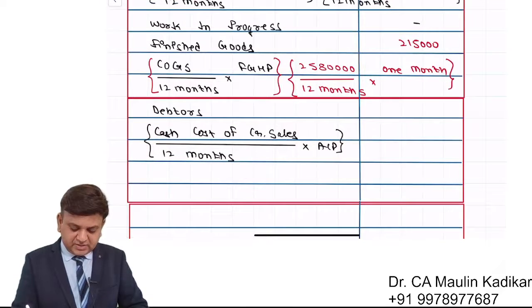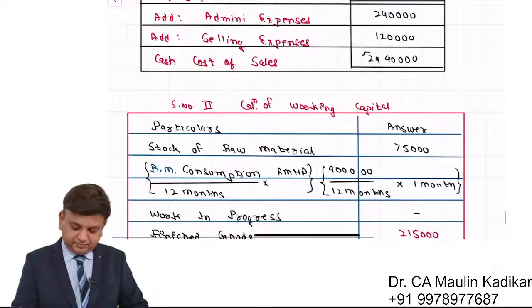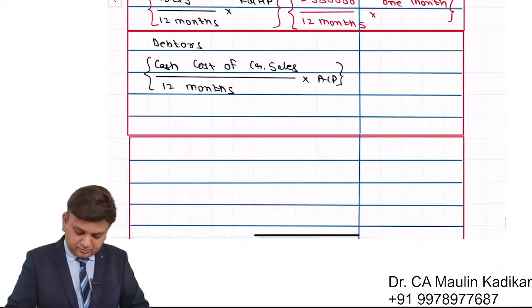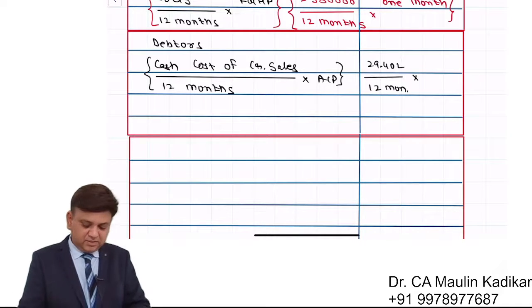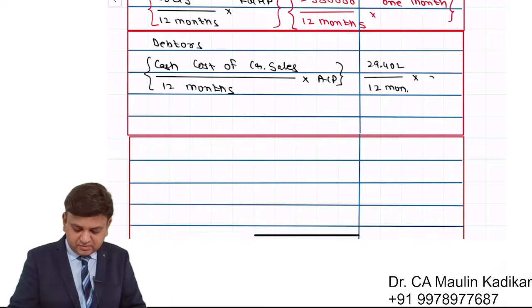Cash cost of credit sales is 29 lakh 40,000 divided by 12 months into average collection period, which is provided 2 months.